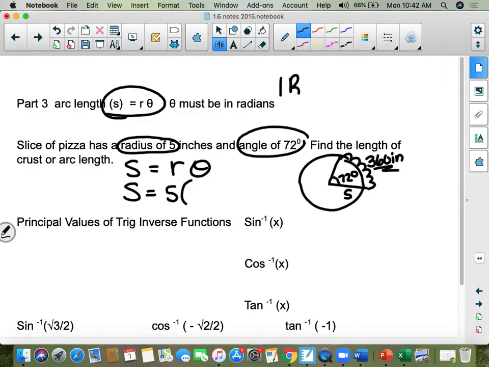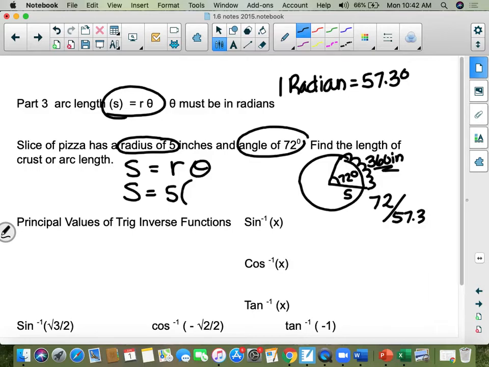1 radian in trig, I'm hoping you remember, is 57.3 degrees. You cannot use 72 degrees. You have to take 72 and divide it by 57.3, which gives you 1.25.